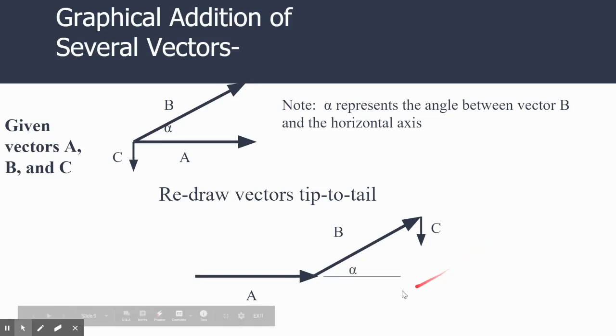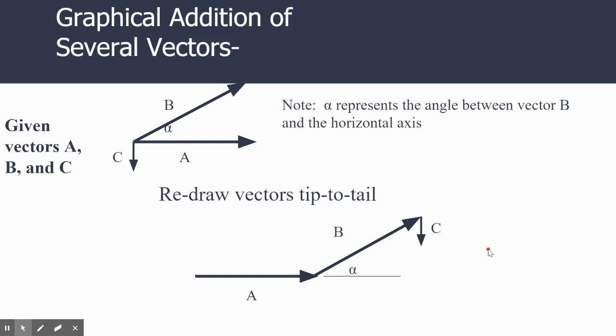One important thing to note is that this angle along the horizontal axis in B, after you've done the tip to tail method, should be the same as the original. That's important because it means vector B is still going in the same direction.